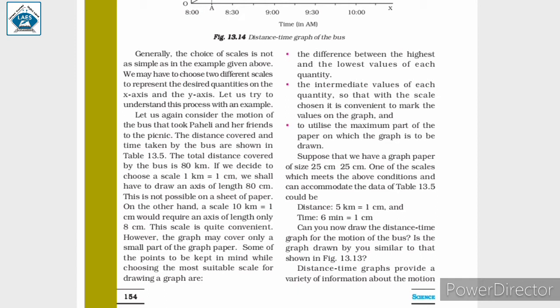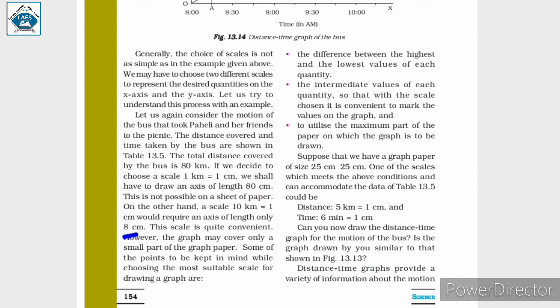And we are well aware of the fact that this is not possible to draw on a single sheet of paper. That is why the need arises of changing the scale to a different one. That is, using a different scale. So, if we take a scale of 10 km is equal to 1 centimeter, then the length of the axis would only be 8 centimeter. So, this is a convenient scale when we compare to the other scale.